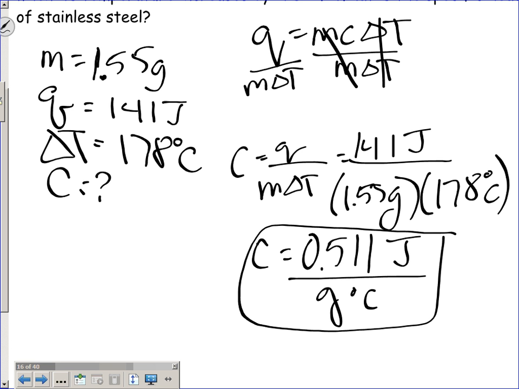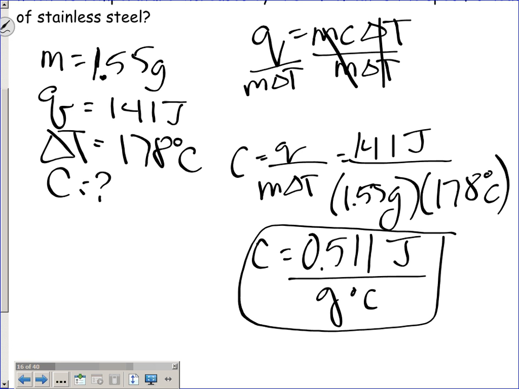There are a couple of the formula sheets, reference tables floating around the room. Is there one close by enough that you guys could look at one? In your little buckets maybe? There's probably at least one or two per day. So I want you guys to look at the specific heats.